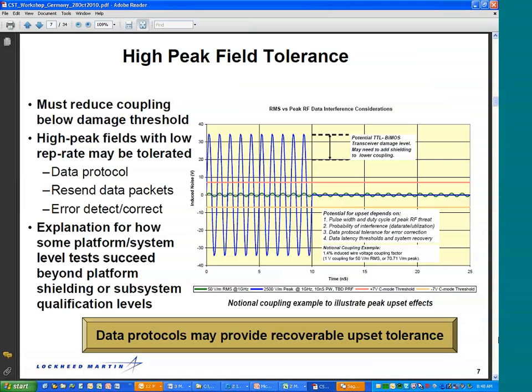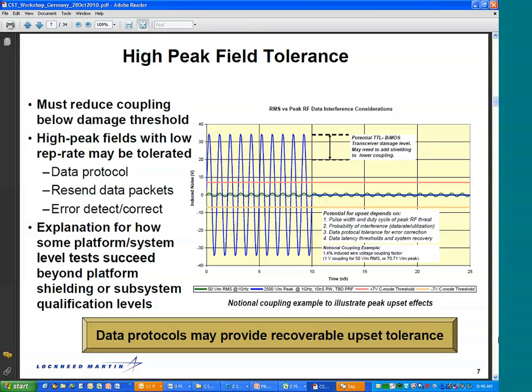All right, and then when you look at transient responses, in this example, the lower amplitude sine wave, about the 0 voltage level, is representing the coupling that you would get with a CW response, let's say in a wire harness, at 50 volts per meter, your standard box level qualification levels.